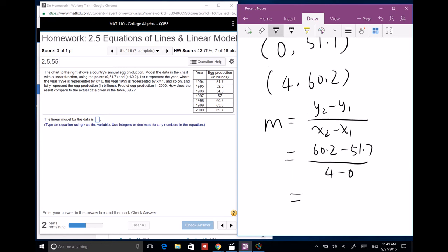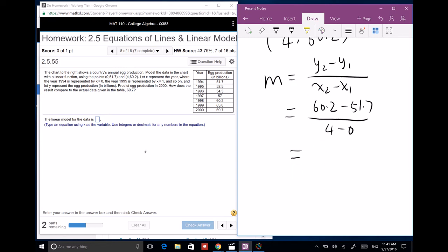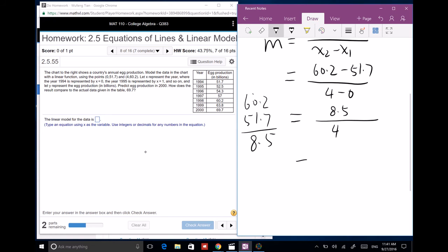Use your calculator: 60.2 minus 51.7 is 8.5, and 8.5 over 4 is 2.125. That's how you find the slope.